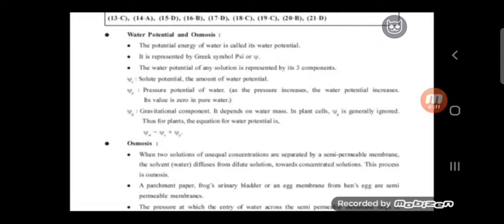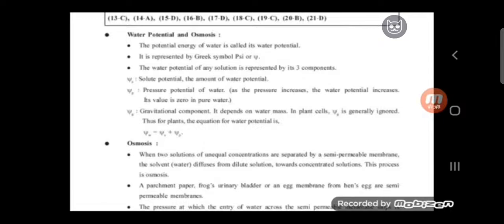The potential energy of water. The potential energy that is present in the water is called the water potential, and it is represented by the Greek symbol psi. The water potential of any solution can be represented with the help of three components.